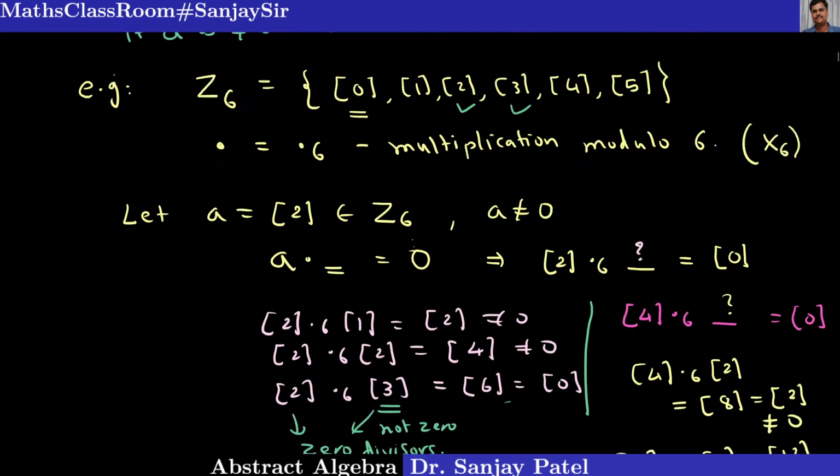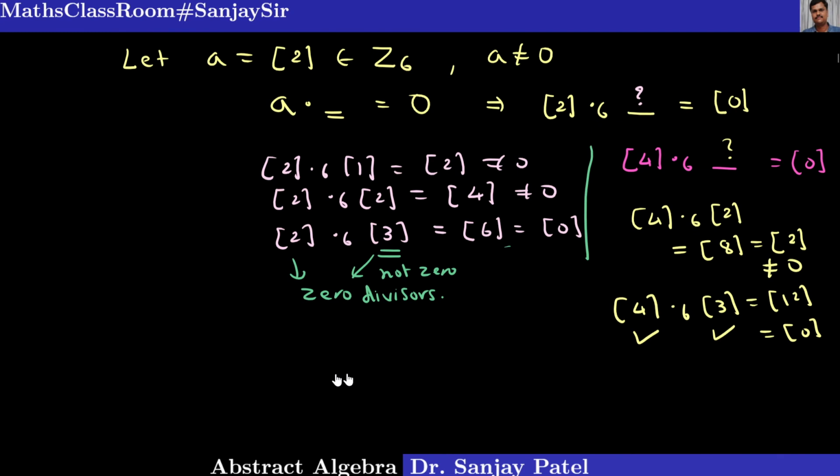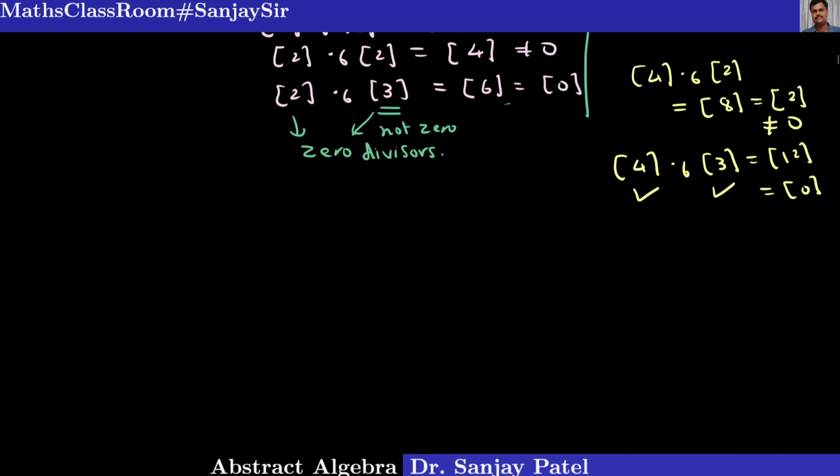What about 5? Let us check for 5. If I consider 5 and write 1 by 1 all the elements here, can I get 0? This is my question. So what should I write over here so that 5 into something is equal to 0 with respect to the operation of multiplication modulo 6?